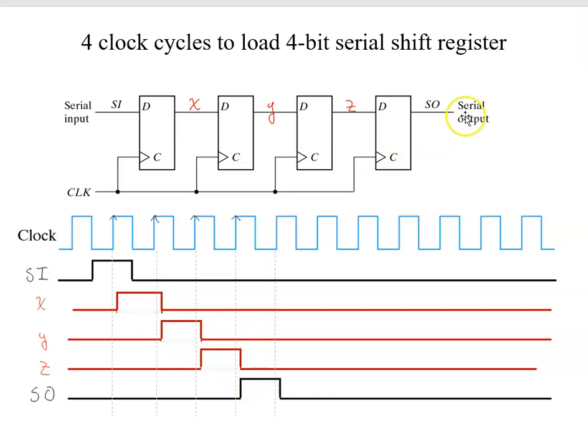So we can count them: there's 1, 2, 3, 4 clock cycles to get this bit, that 1, before it comes out at the output.